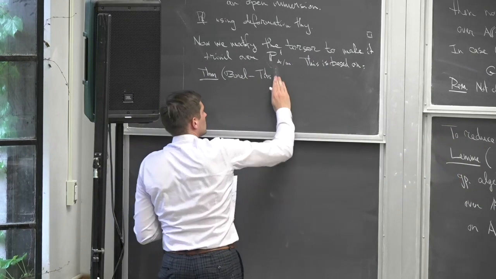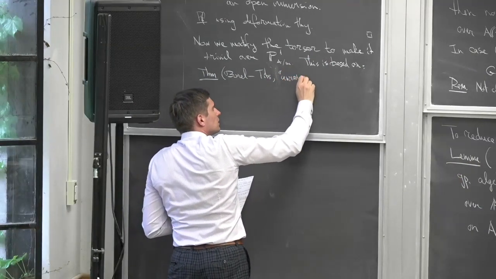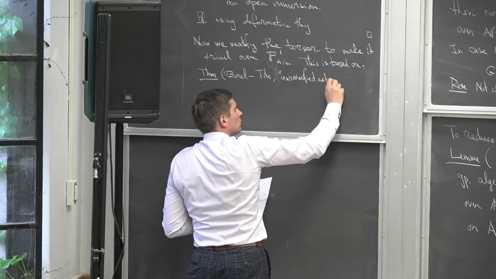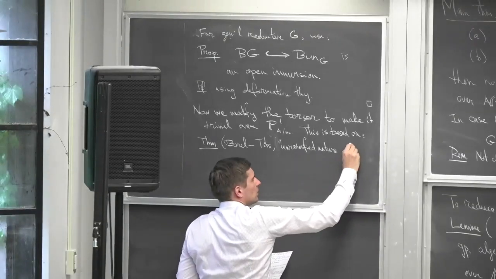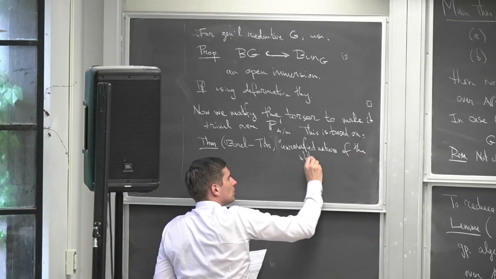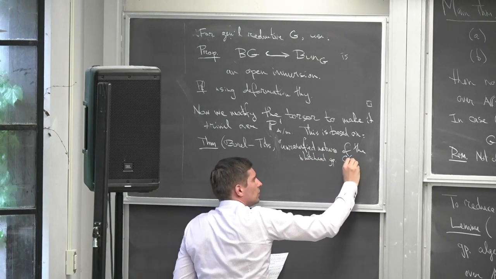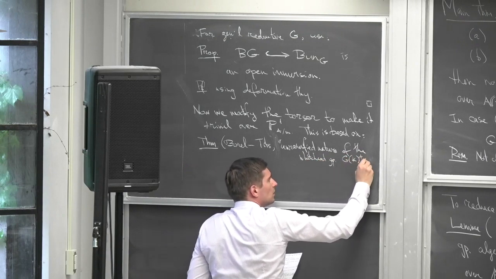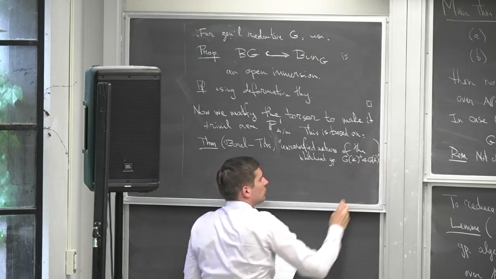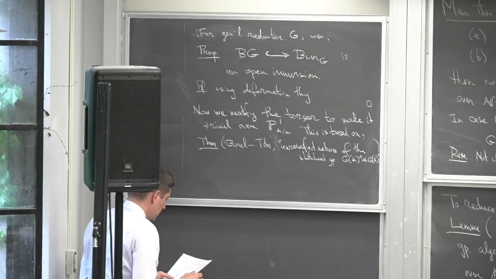What's the slogan of this theorem? It's that the Whitehead group is unramified. The unramified nature of the Whitehead group: the subgroup generated by elementary matrices. Anyway, let me give you a precise statement.